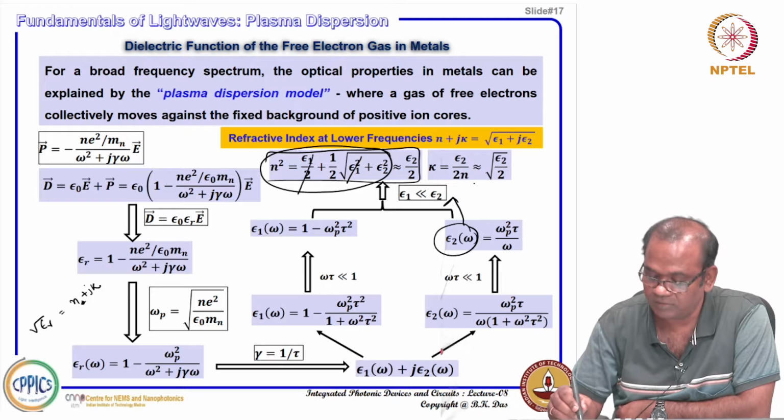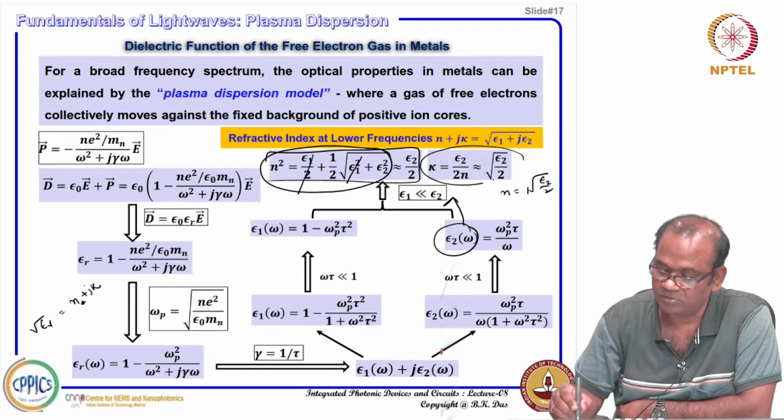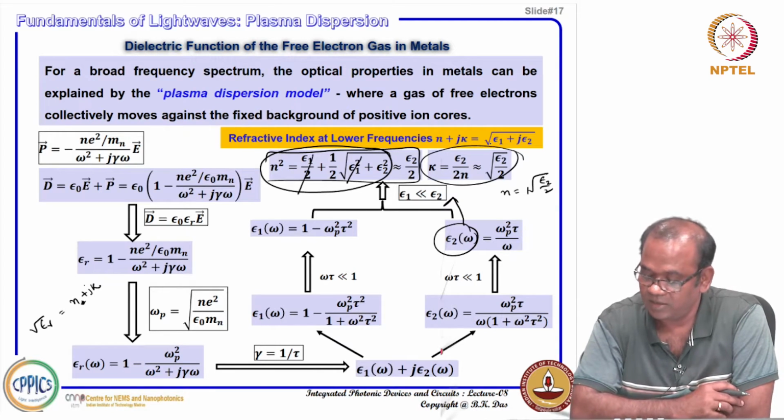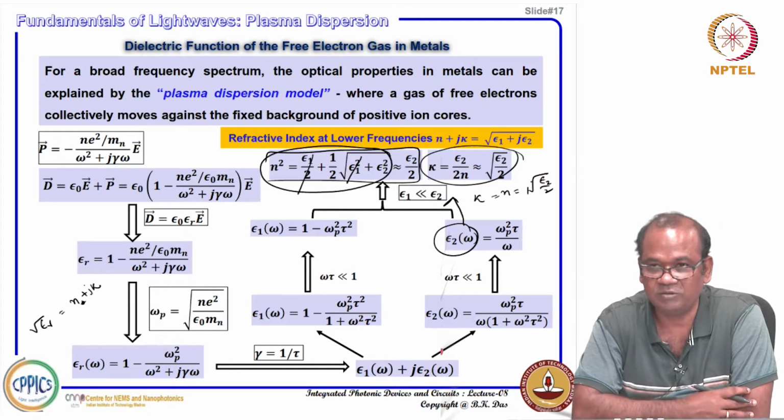And kappa we know is epsilon 2 by 2n. So, n equals the square root of epsilon 2 by 2, because the n square expression is this one. If you put kappa also, it is the same. So, that means you are getting n and kappa to be the same in this particular case.